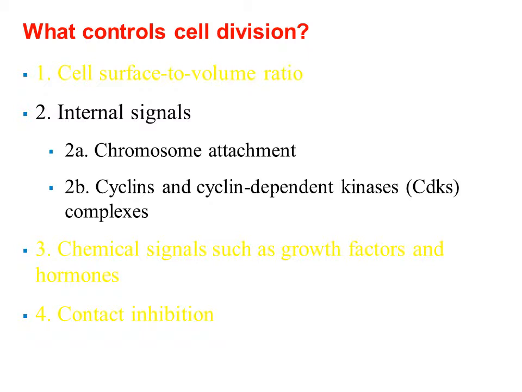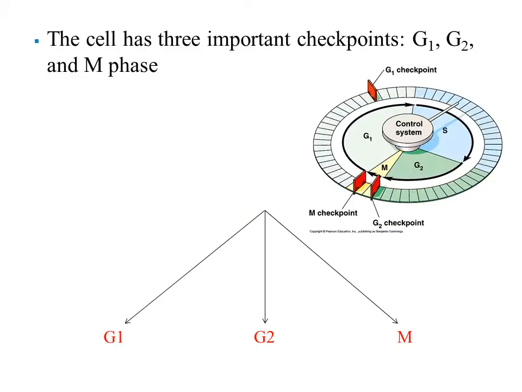The second control mechanism is internal signals. We're going to discuss two of them: chromosome attachment, and cyclins and cyclin-dependent kinases called CDKs. The cell has three important checkpoints: G1, G2, and M phase.